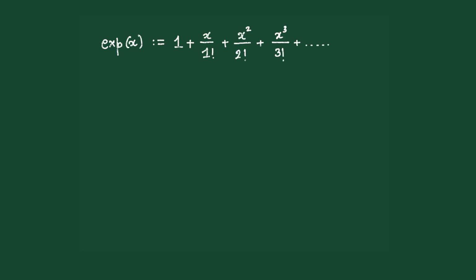If we plug in the value 0 for x, we can see that the exponential of 0 is 1. Similarly, the exponential at the point 1 is equal to the constant e that we saw earlier.